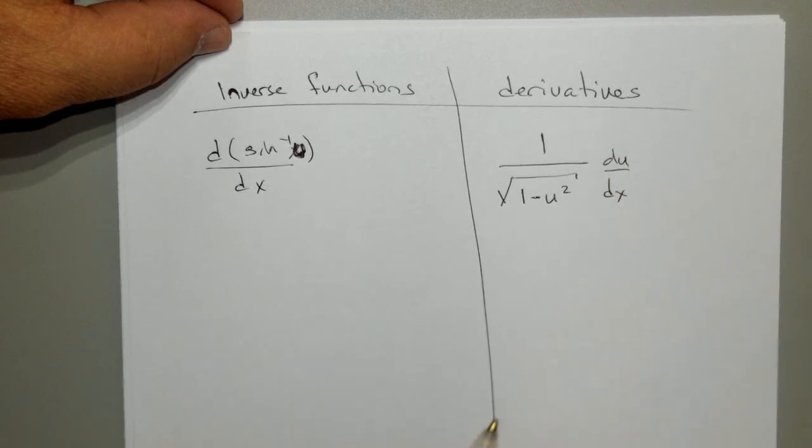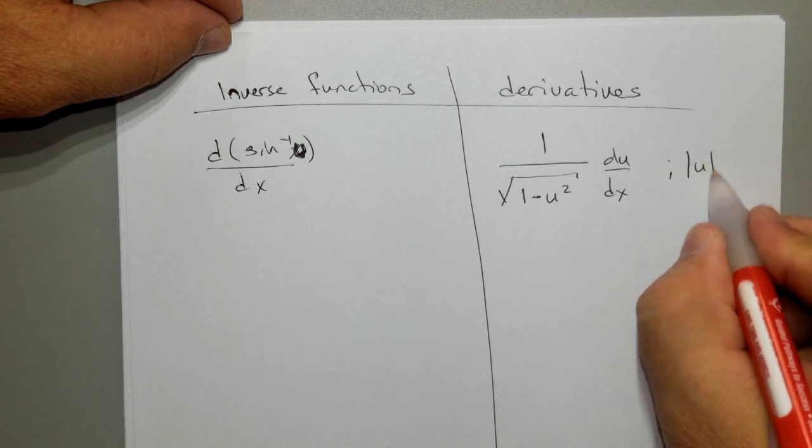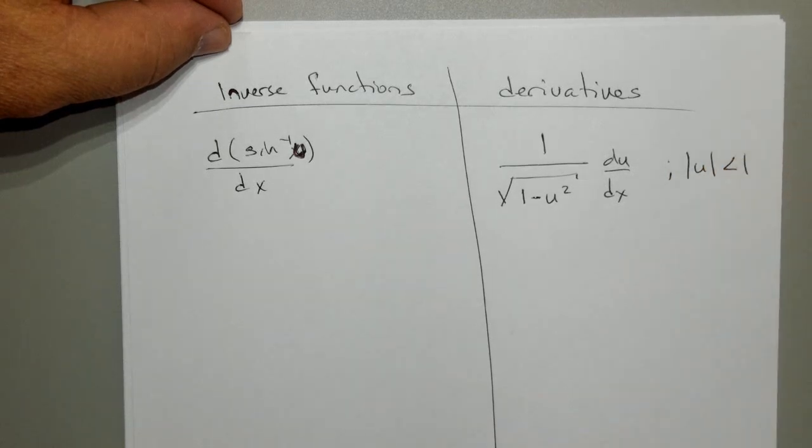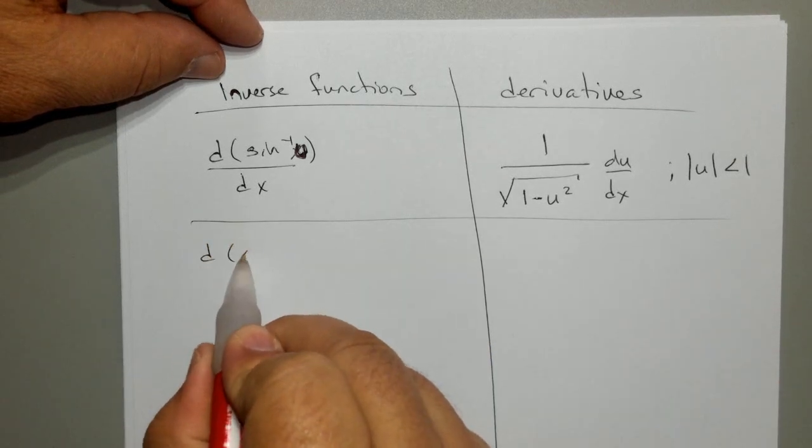It's 1 over the square root of 1 minus u squared, du dx, where the absolute value of u has to be less than 1. Now the cosine.